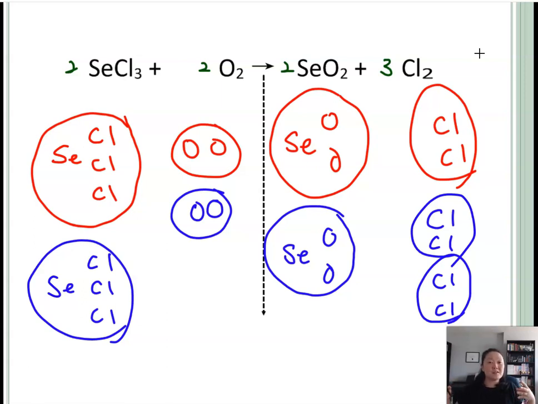As you're doing your balancing, you might make a mistake and you might end up using, say, 4 of the selenium trichlorides, 4 of the oxygens, 4 of the selenium dioxides, and 6 of the chlorines. If that happens, it's fine, but you need to make sure that you reduce it down to its lowest number ratio for those coefficients at the end of it. Otherwise, your balancing is not correct.